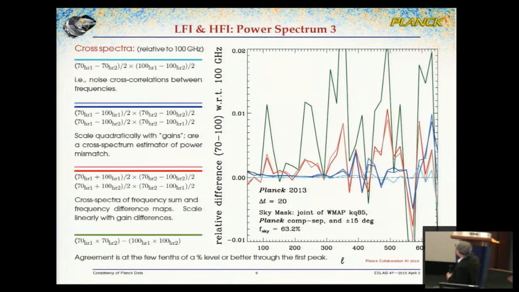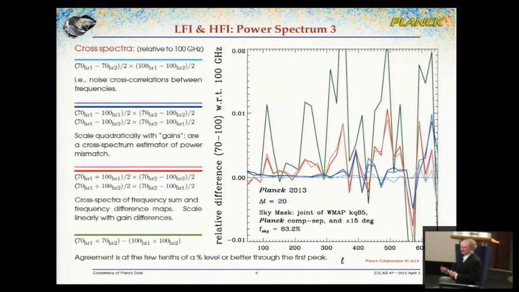The difference between the green and the pink is really a factor of 4 on these spiky things, and that's just built into these factors of 2 that take care of the way the variances go with half rings, so it's more strictly correct in terms of propagating noise.